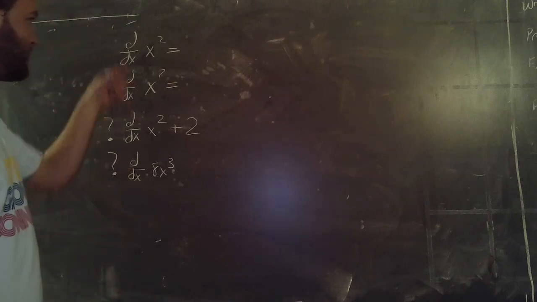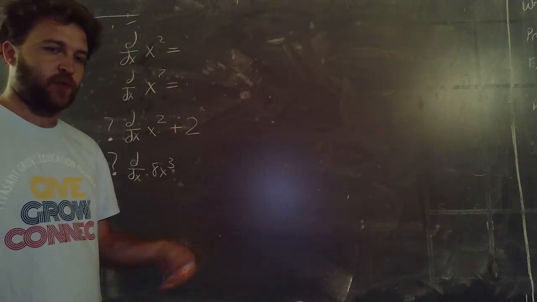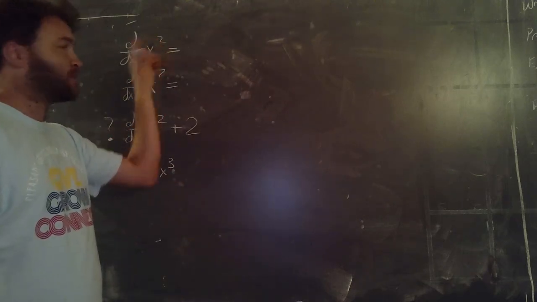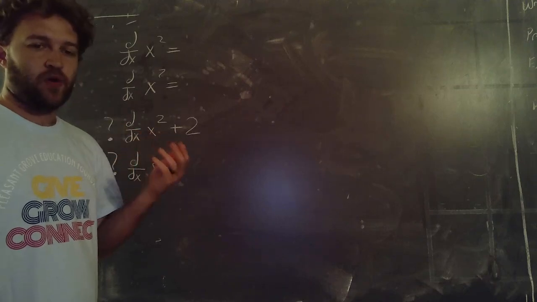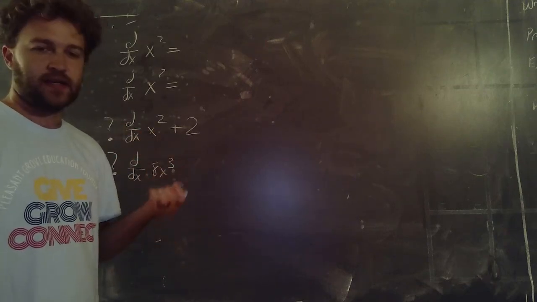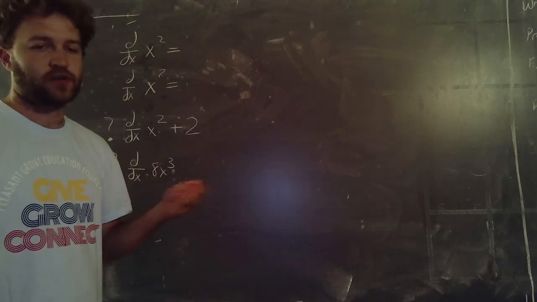We know how to take derivatives of nice objects that involve x to the power of something, and we've established at this point that it applies when the exponent is a natural number and when the exponent is a rational number. To a certain extent, we've hinted at the fact that it might apply when the exponent is even a negative number, and it turns out that that is correct.